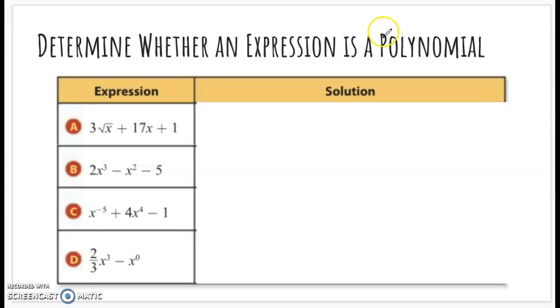All right, so if you're just coming back from having paused the video, let's check out our answers together. This first expression, A, is not a polynomial because of that square root over top of our x.